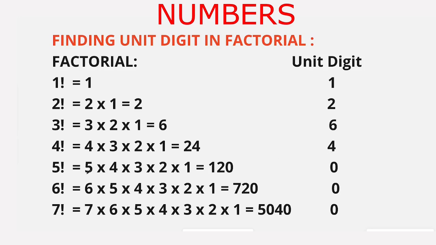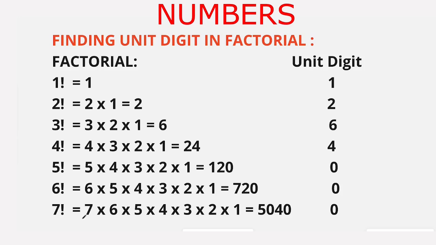Factorial 5, 5 multiplied by 4 multiplied by 3 multiplied by 2 multiplied by 1 equal to 120 and unit digit of factorial 5 is 0. Factorial 6 equal to 6 multiplied by 5 multiplied by 4 multiplied by 3 multiplied by 2 multiplied by 1 equal to 720, and unit digit of factorial 6 is 0.